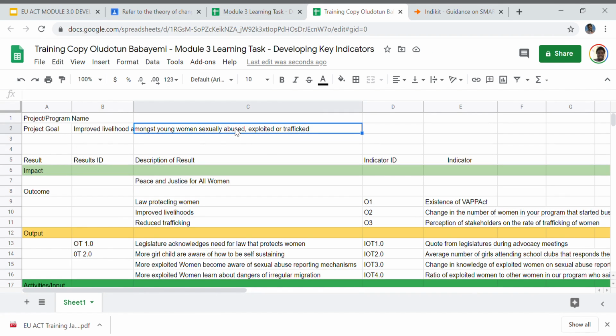There's also the sexually abused, which means maybe reduce sexual abuse, so you think about perception of stakeholders on that as well.